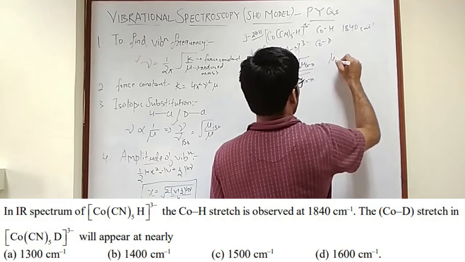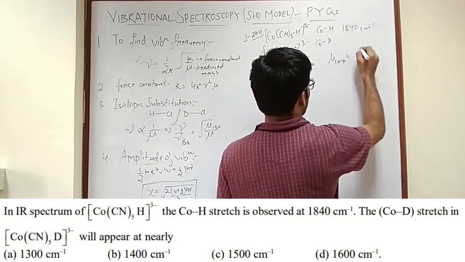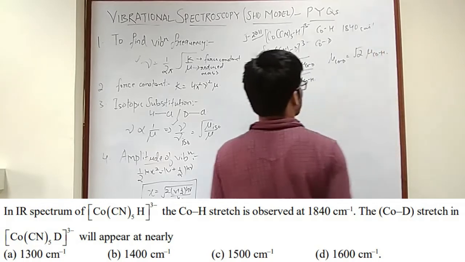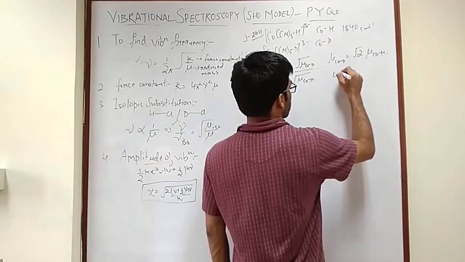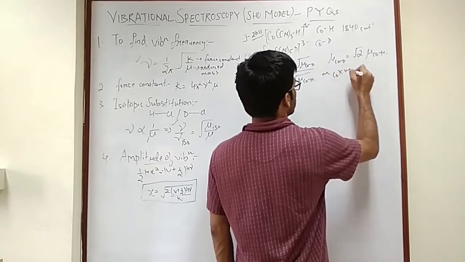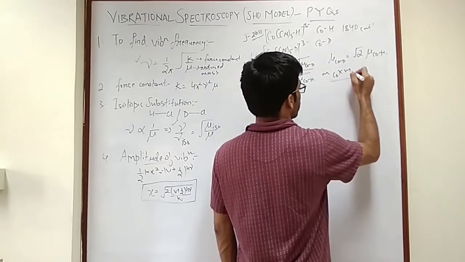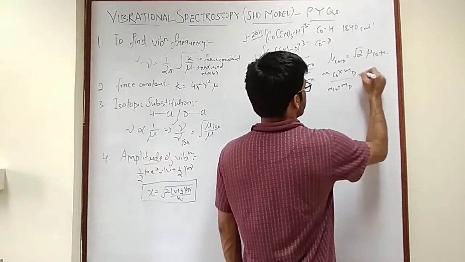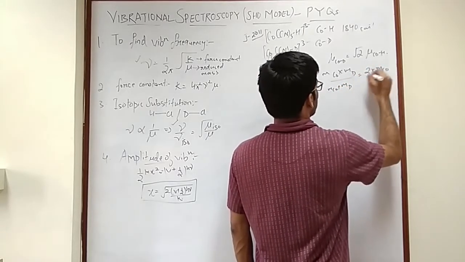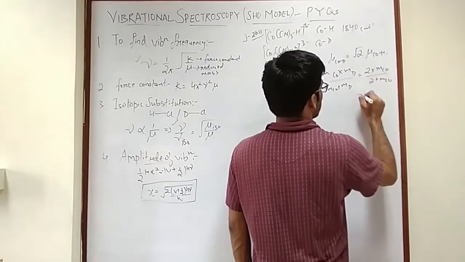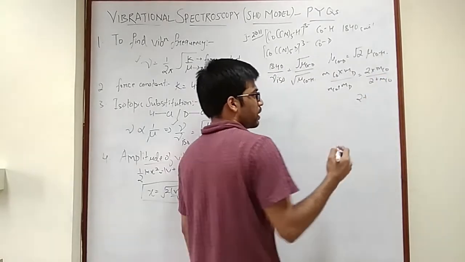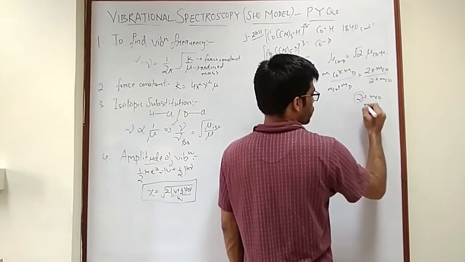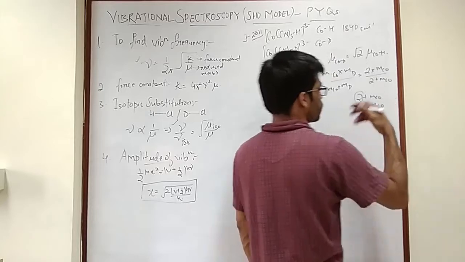Now mu CoD is equal to mass of Co into mass of D over mass of Co plus mass of D, which is 2 into mass of Co by 2 plus mass of Co. Because cobalt is really bulky and heavy, mass of Co plus 2 or Co plus 1 is more or less the same.